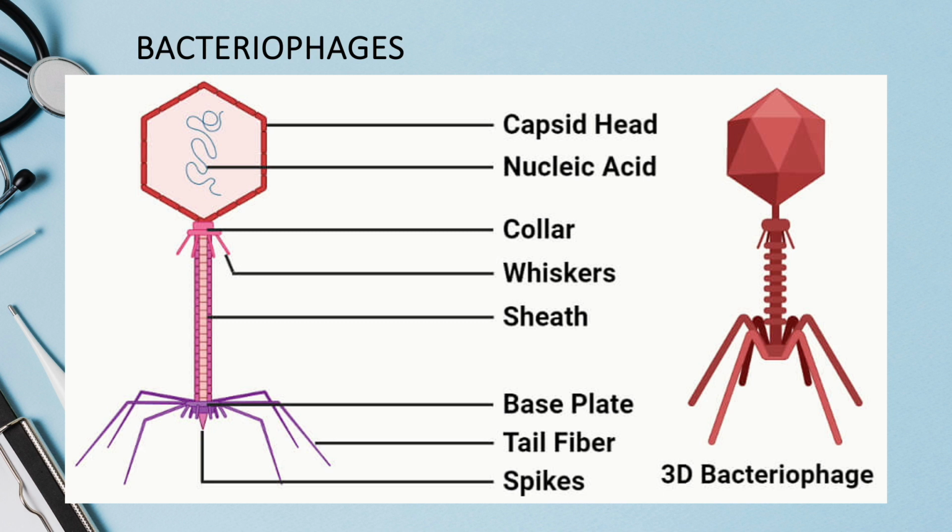So actually, in this case, not the virus will swallow the bacteria, but the bacteria will swallow the virus. But as a result, bacteria will be destroyed by virus. So bacteriophages are specific viruses that can attack specific bacteria.